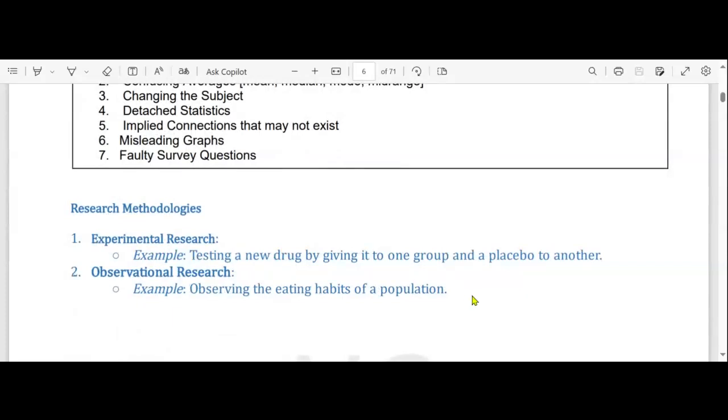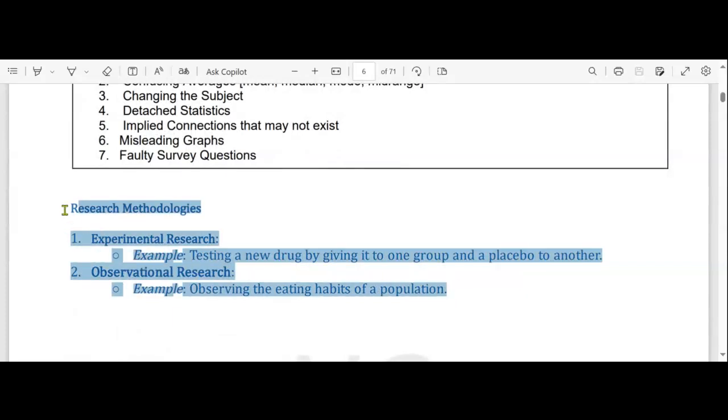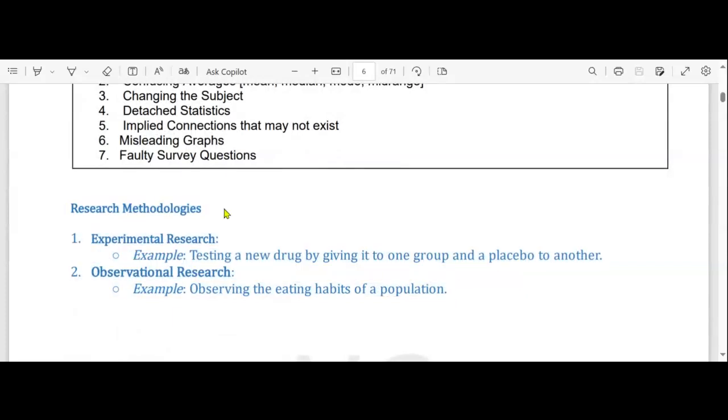Now, the last summary for this lesson is research methodologies. We have two types of research methodologies. One is called experimental, and one is called what? Observation. So the experiment, testing a new drug by giving it to one group and a placebo to another.